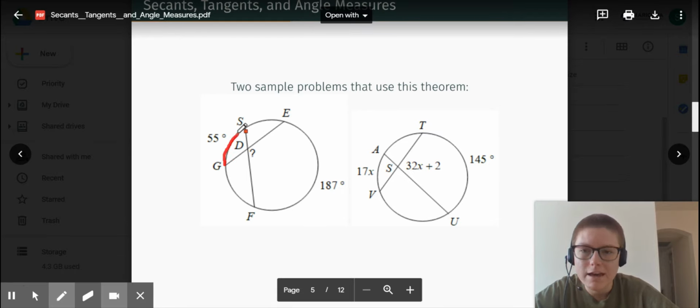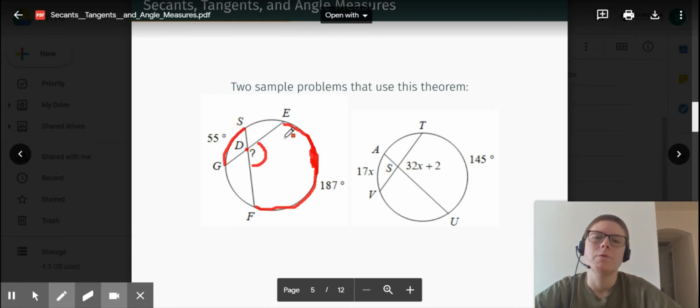Here we have our two secants intersecting. We want to know this angle here. It's marked with a question mark, and that's how we know it's the question. I didn't do a very good job of drawing that, but we know from our theorem on the last slide that this angle is 1/2 the sum, that means adding, of these arcs.